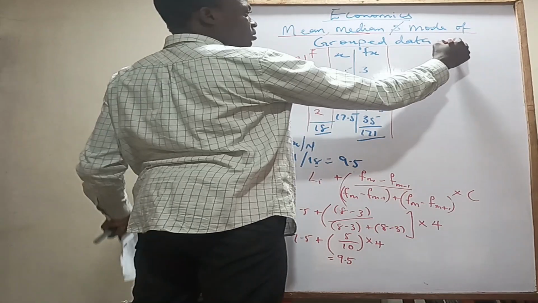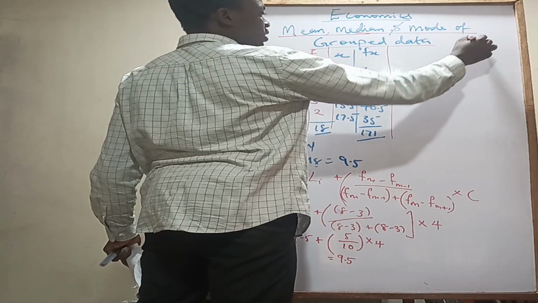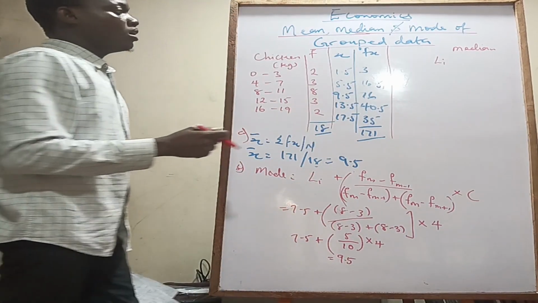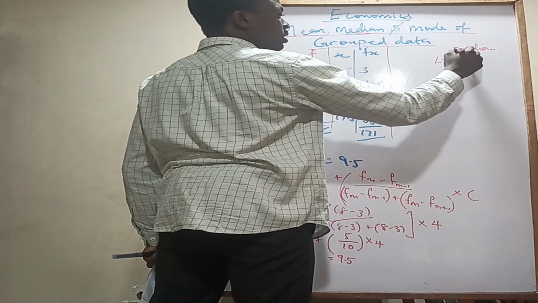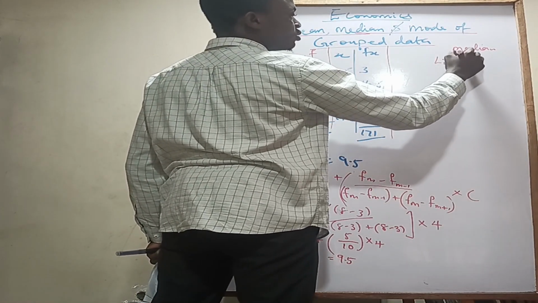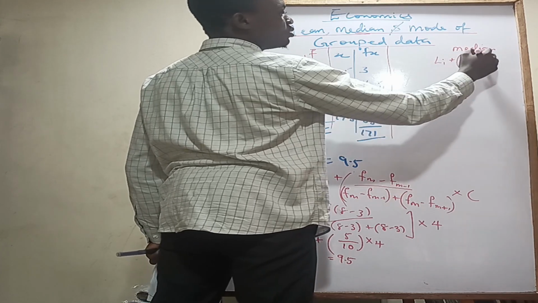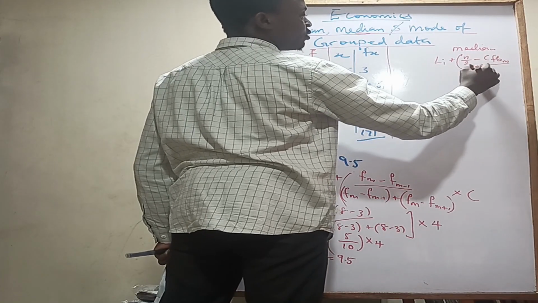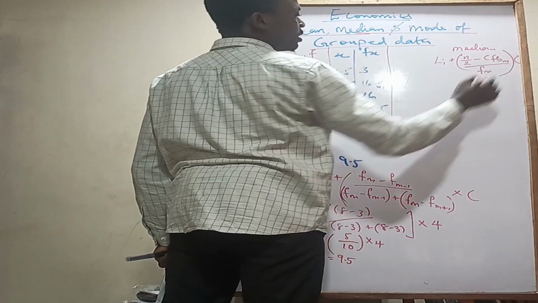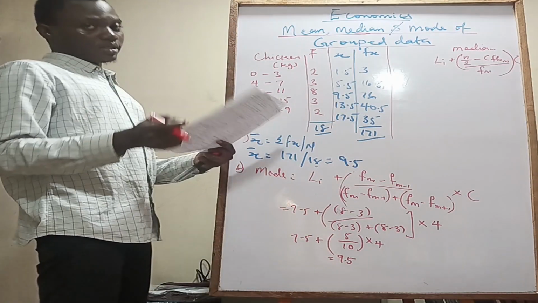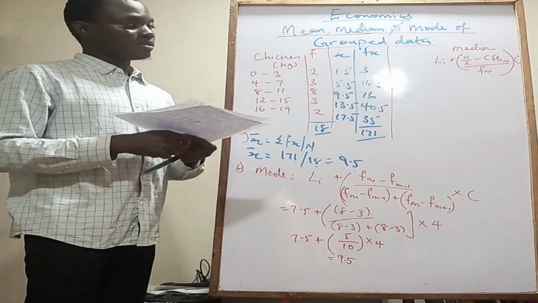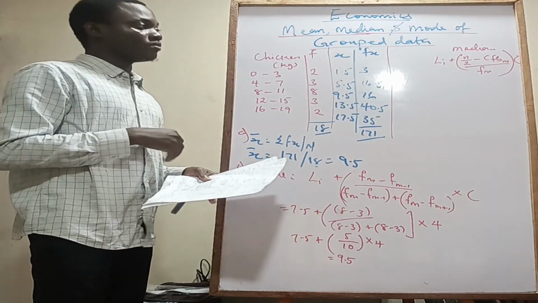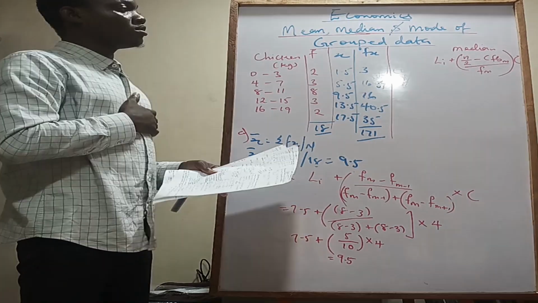I think median's formula is lower class boundary of the median class, plus n over 2 minus cumulative frequency before the median class, everything divided by the frequency of the median class, then multiplied by class size. So lower class boundary of the median class plus, opening a bracket, n over 2, that's sum of the frequency over 2, minus cumulative frequency before the median class over frequency of the median class.